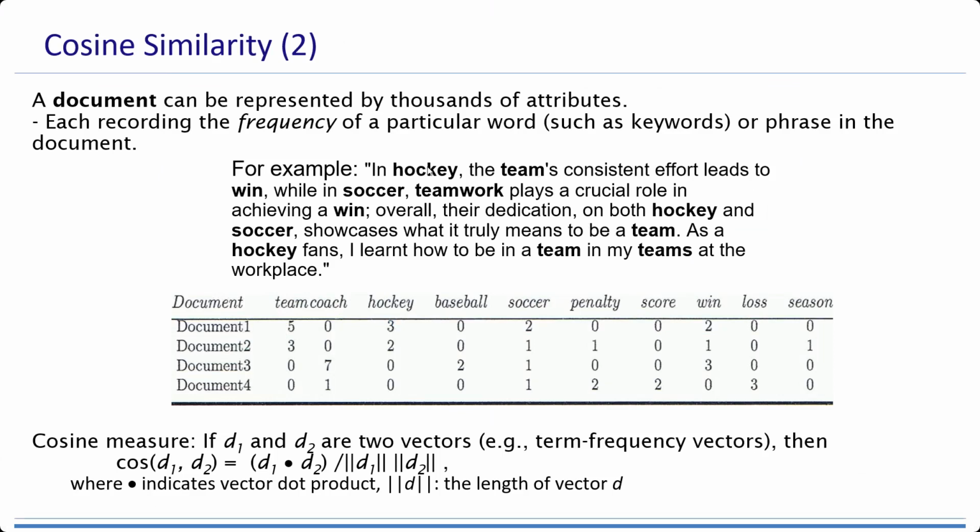Hockey. So we have 1, 2, 3. There are 3 hockeys, and so on. So this is the vector for the document 1. Let's say we have another document 2, document 3, document 4, and we have the frequency. So we can calculate this one with the cosine similarity or the cosine measurement.